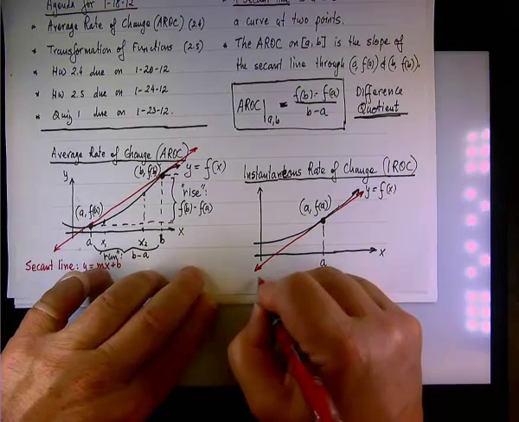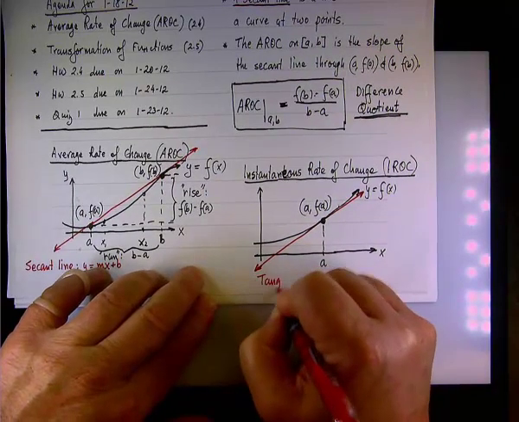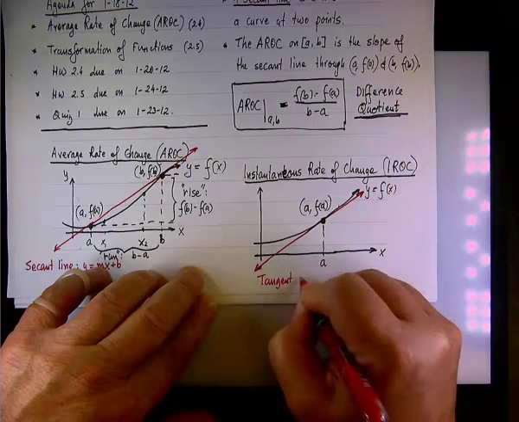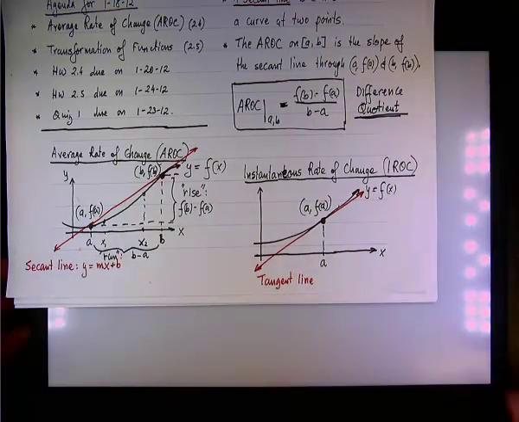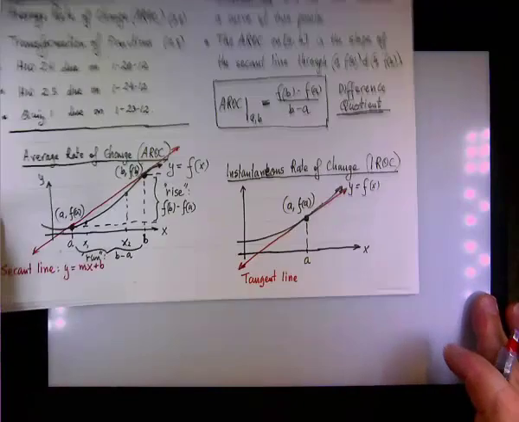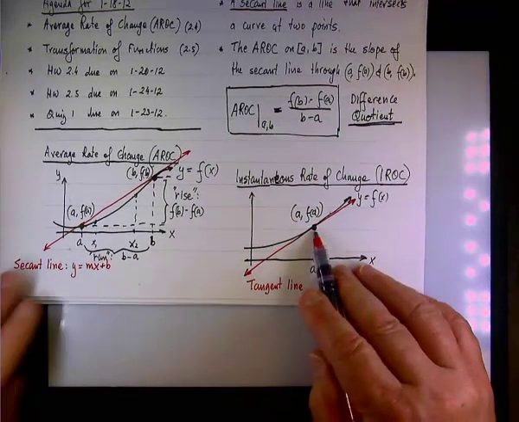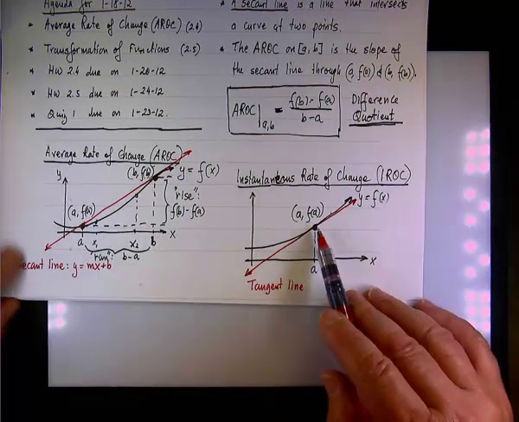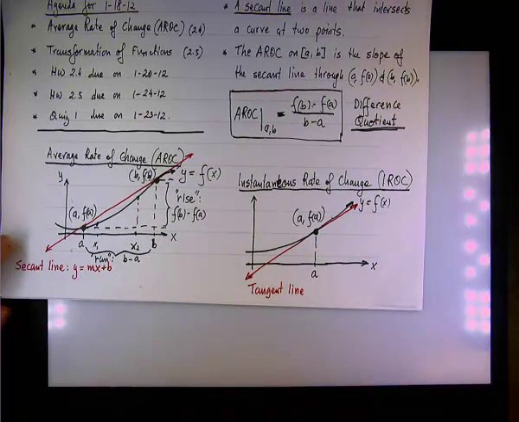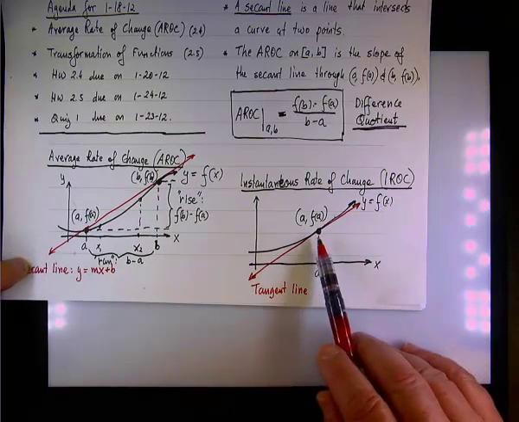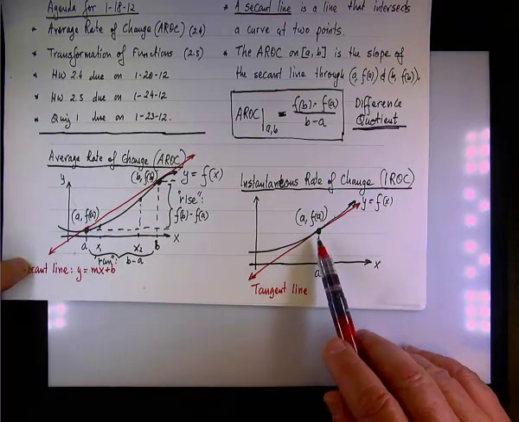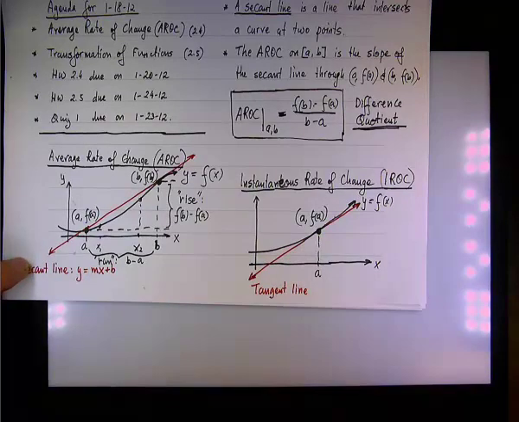It's a tangent line. Again, tangent is a trigonometric function, and they are related, but in our context, when we say tangent, we mean the tangent line. And you can tell the difference between secant and tangent. What I'm about to say is not a definition of the tangent, but in layman's terms, a tangent at a point is the line that just touches the point.